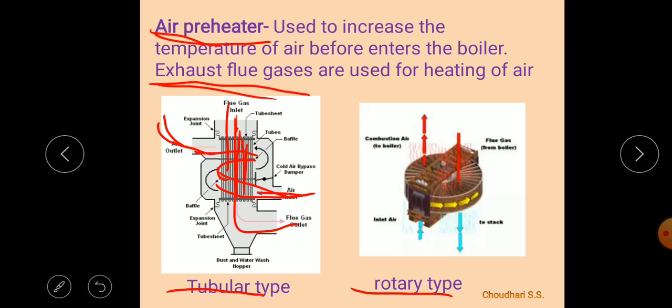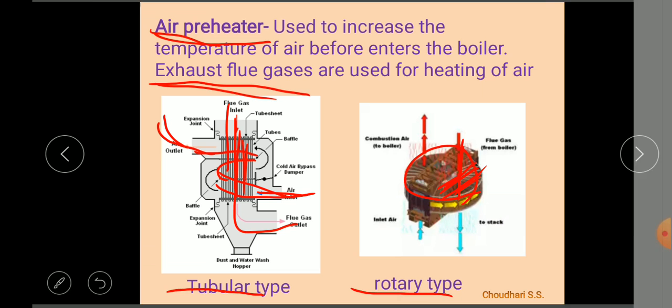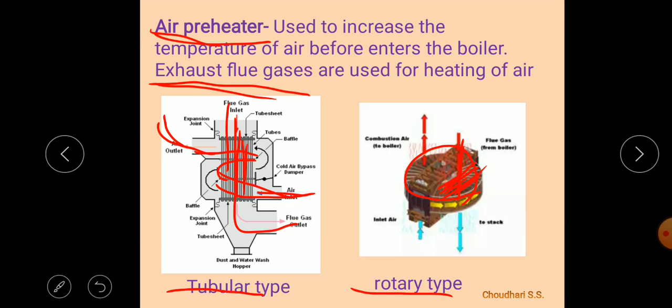Next, the rotary type. In the rotary type there is a rotary wheel that is rotating continuously, and on one side the hot flue gases are flowing through a porous material. These hot gases hit this rotary wheel material and then leave from this side.